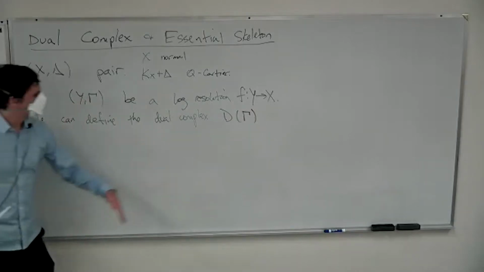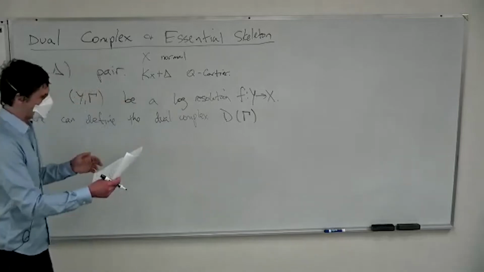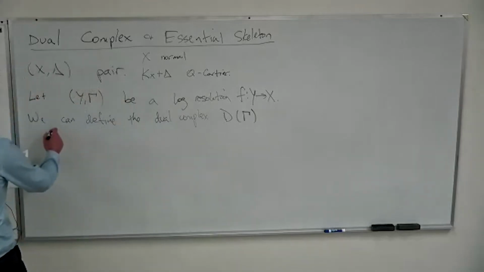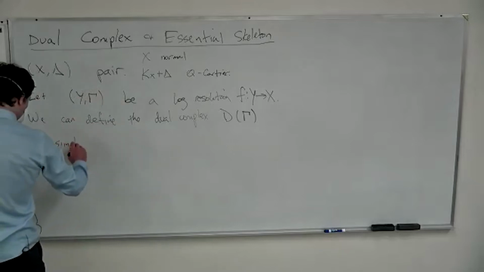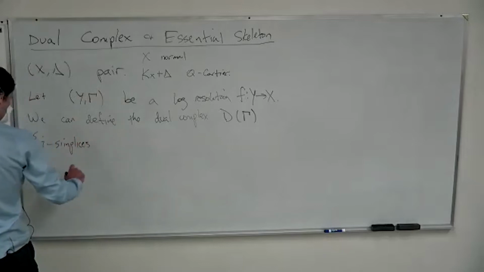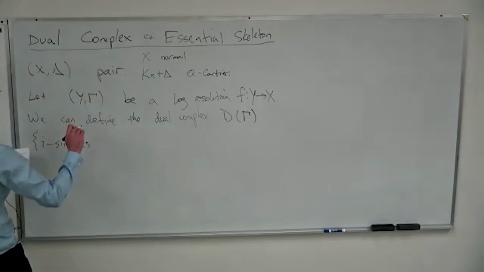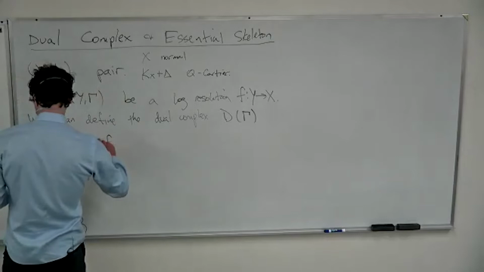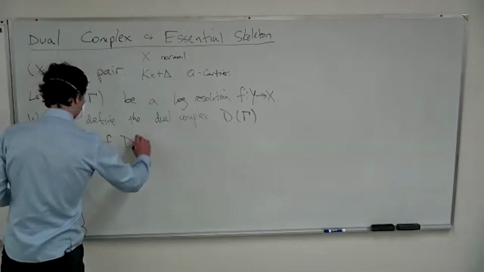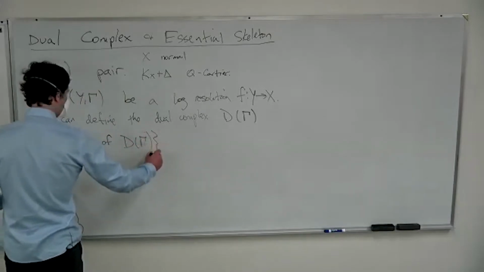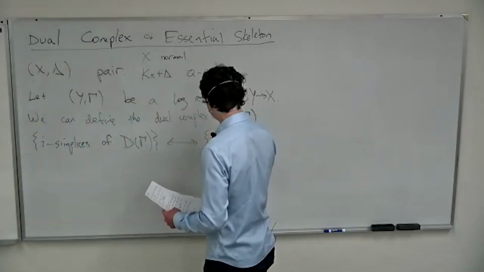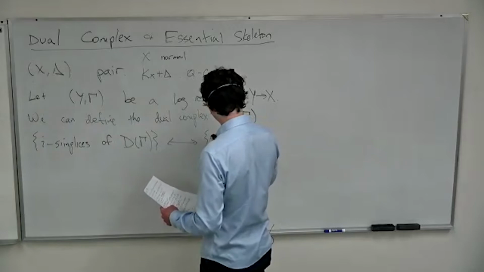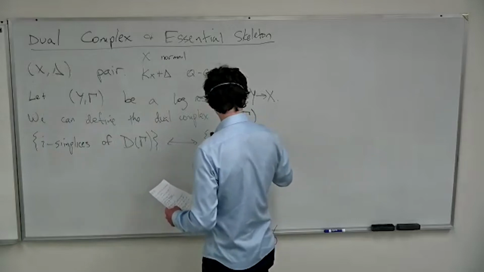This dual complex is keeping track of that combinatorial data in the following way. The dimension i simplices of this complex are tautologically in one-to-one correspondence with the codimension i strata of Gamma.